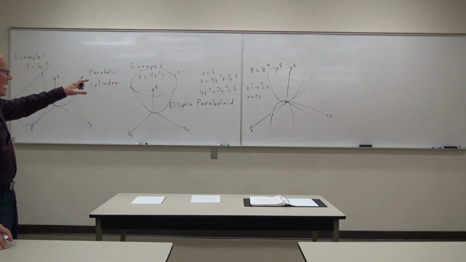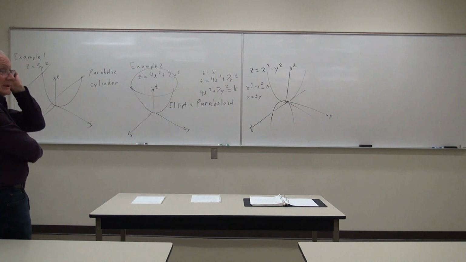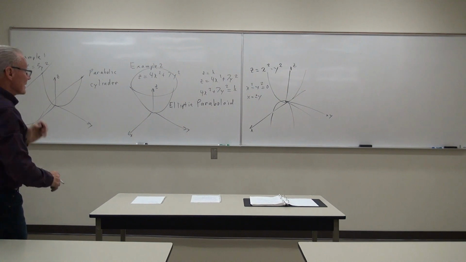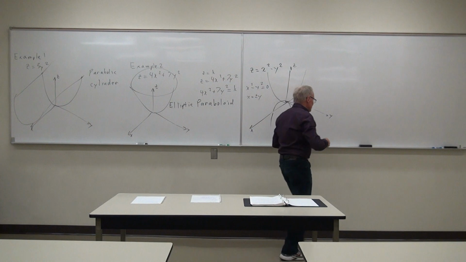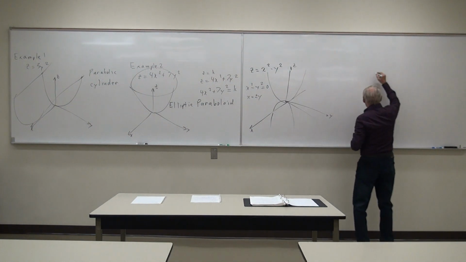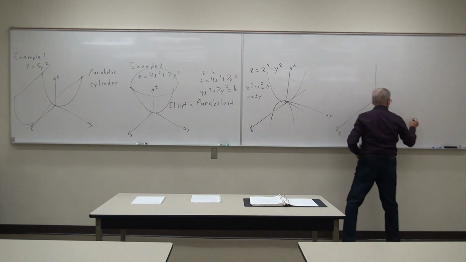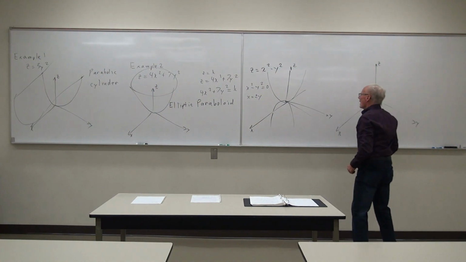I can't look at that and see parabola, parabola, two straight lines and say, I see the surface. If you can, you're better than I. So I'm going to try this again, but I'm going to take intersections that are perhaps more revealing than these ones. So let me try and show you a better one.